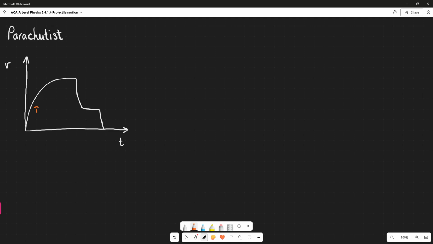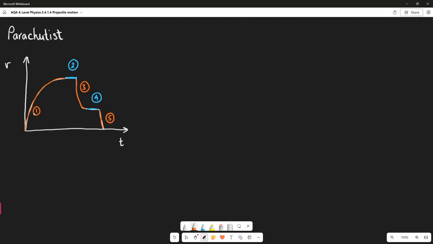We have the part where the parachutist has a velocity that is changing constantly. We have a part where the parachutist reaches terminal velocity. We have a rapidly decreasing velocity. We have another period of terminal velocity. And then we have another decrease in velocity.